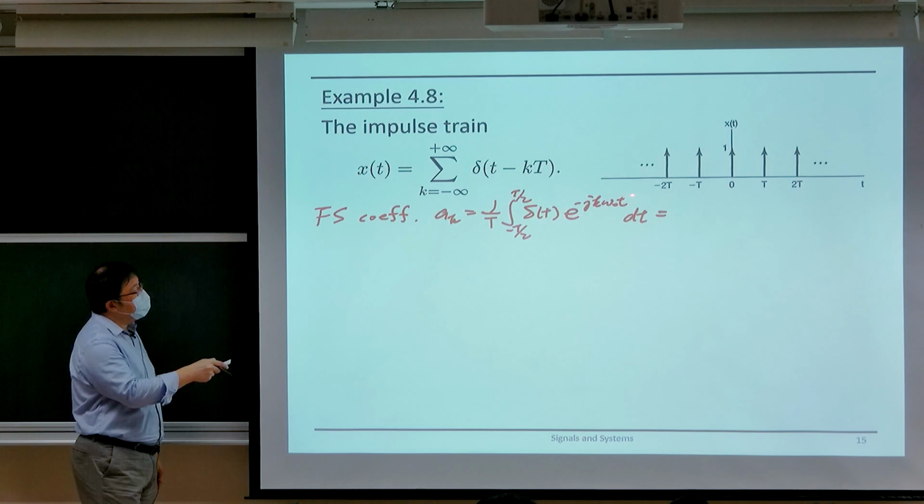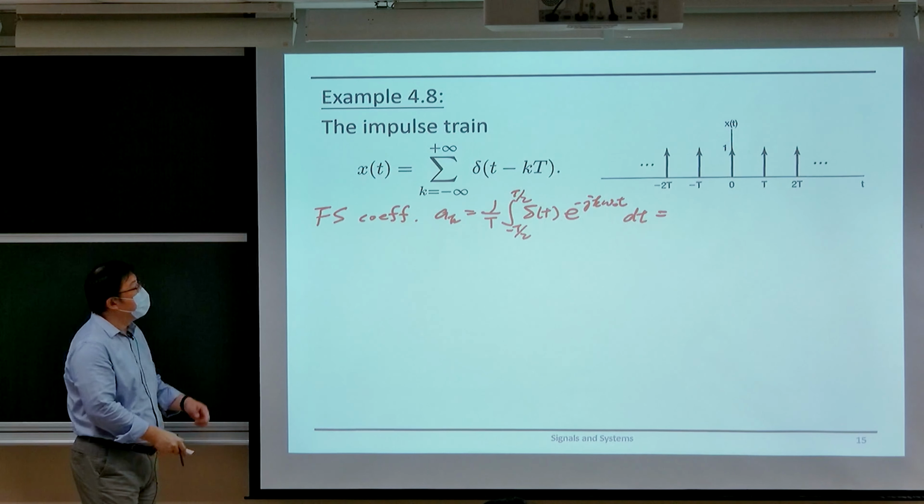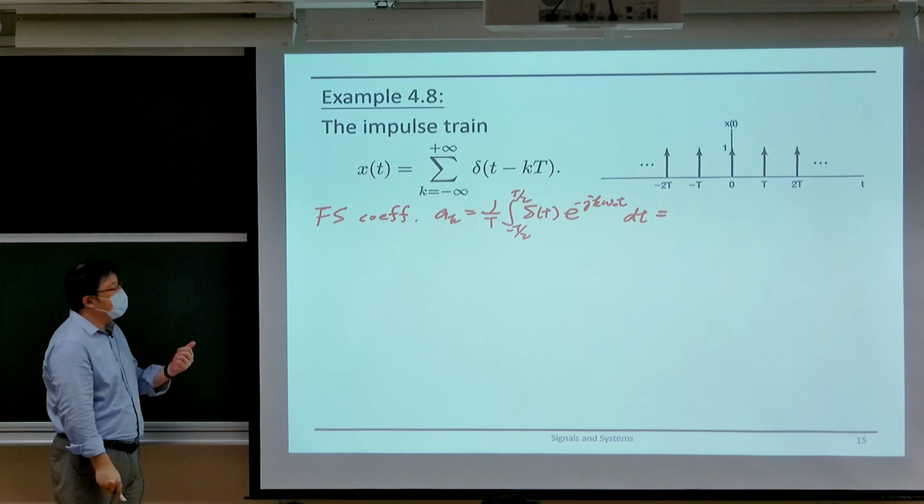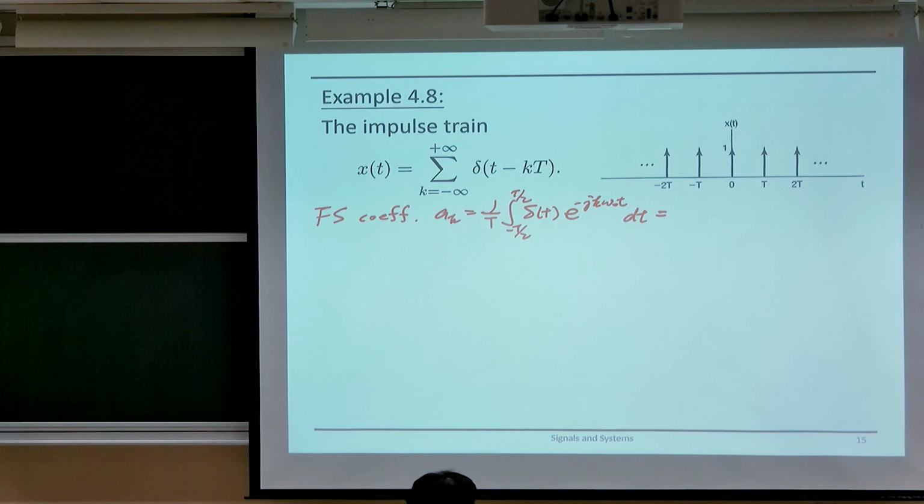If you substitute t equal to 0 inside here, this exponential becomes 1. So you're basically just integrating over a delta function, which gives you a constant 1. Eventually, this shows that ak is 1 over T for all k.